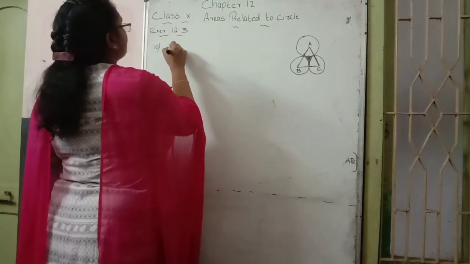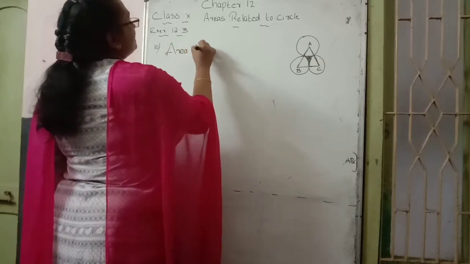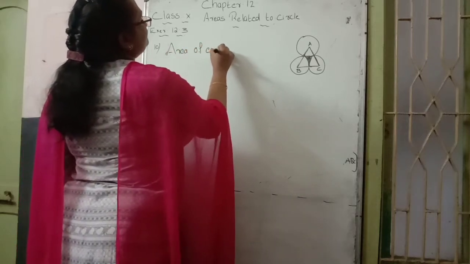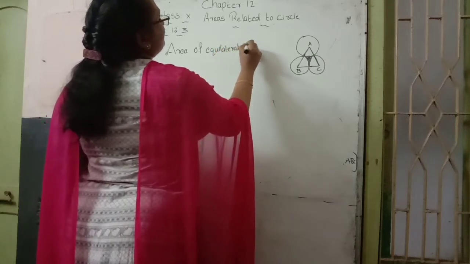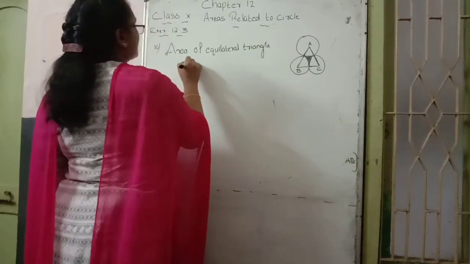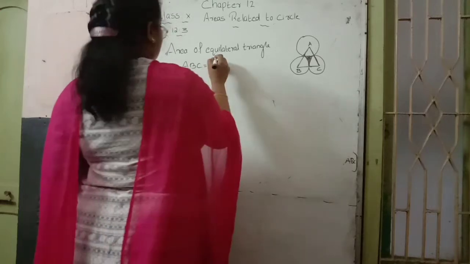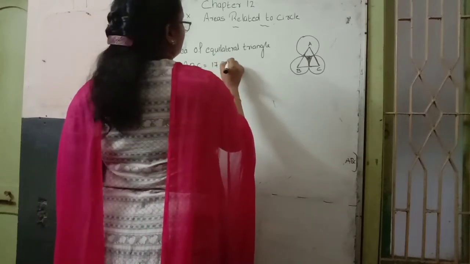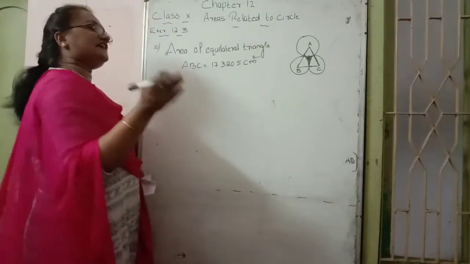Using that information, the area of equilateral triangle ABC is given as 17320.5 centimeter square.